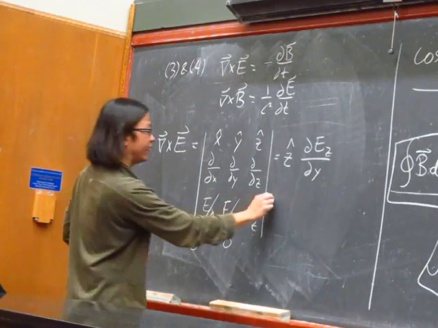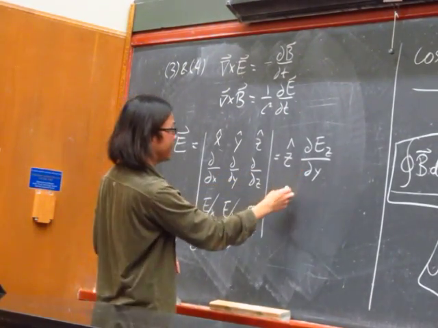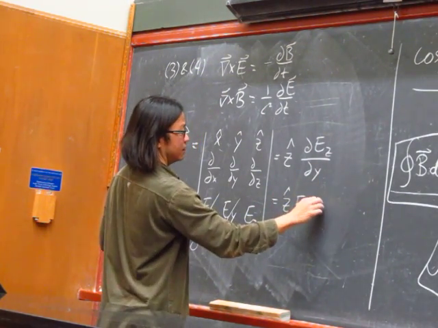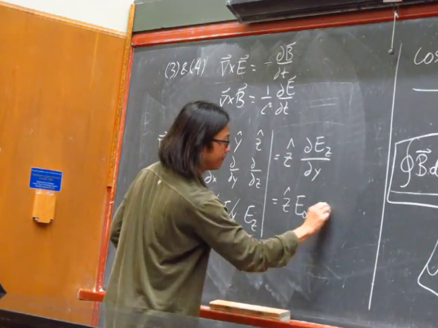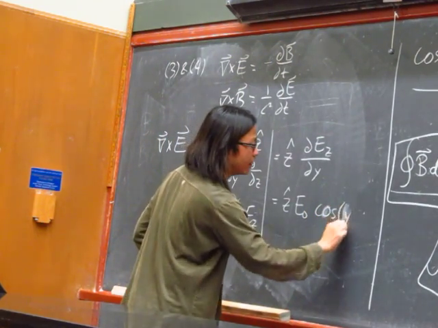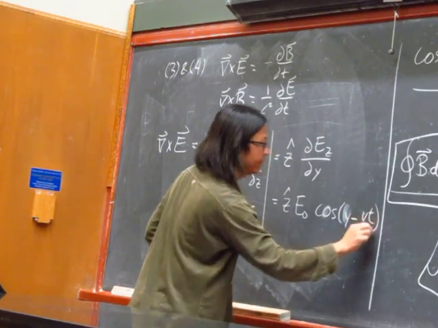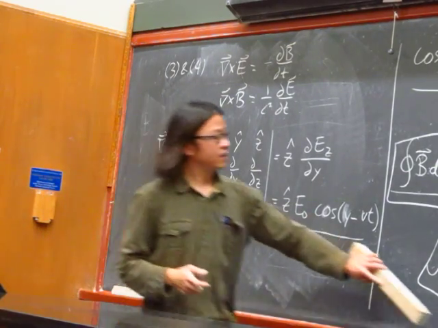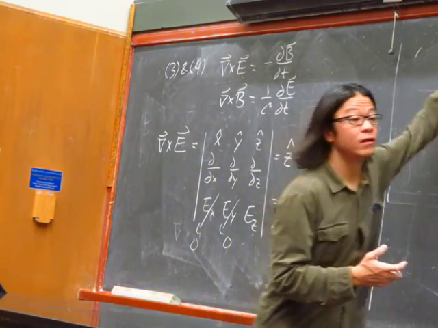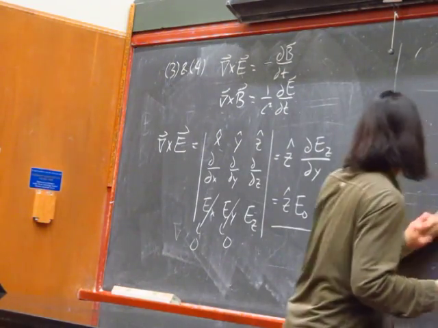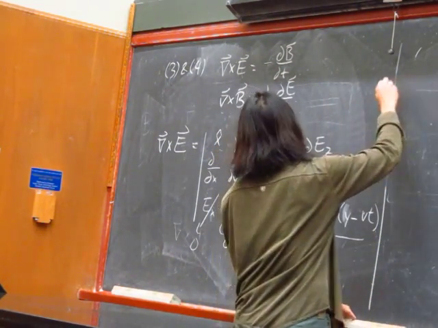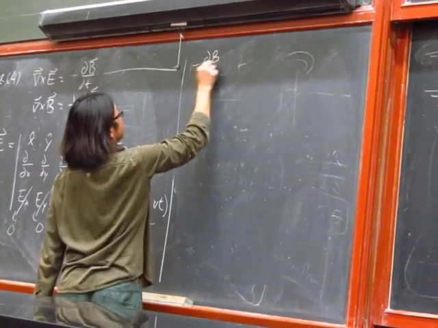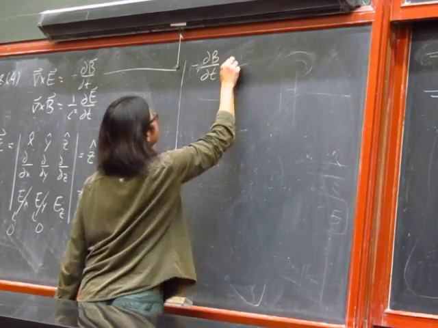And that has to be equal to, if I do the math right, cosine of (ky minus omega t). And then for the other term, if I look at the minus dB/dt, what do I have?